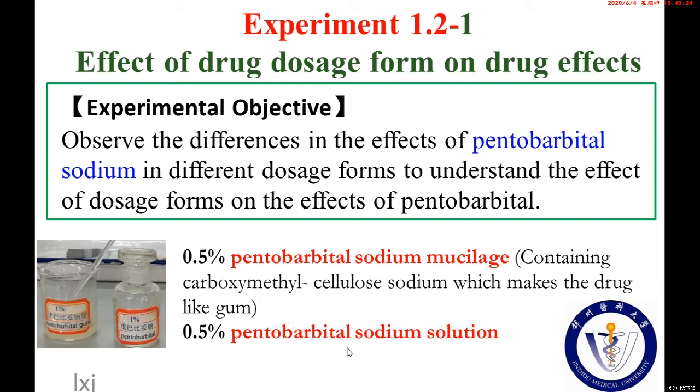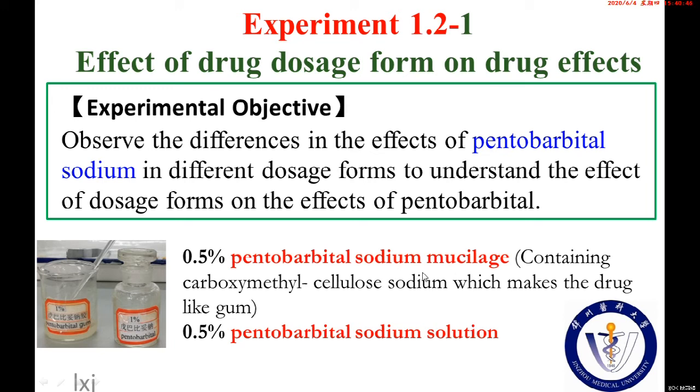This pentobarbital, the dilution of this pentobarbital sodium is same. Both of them are 0.5%. But just one is a solution. Another one is mucilage.